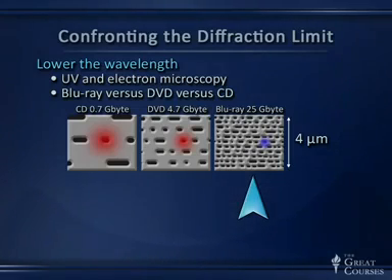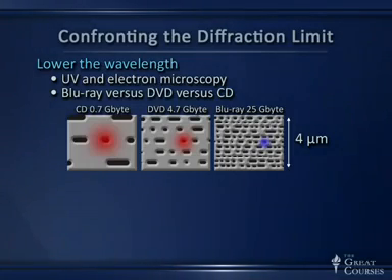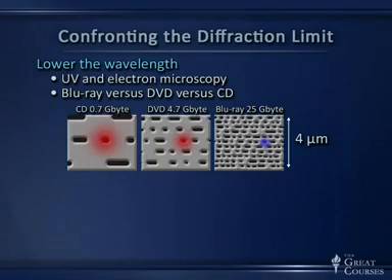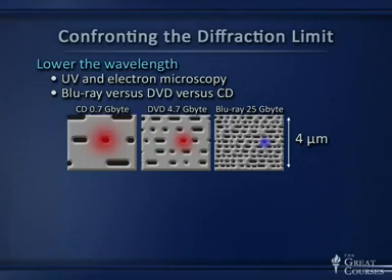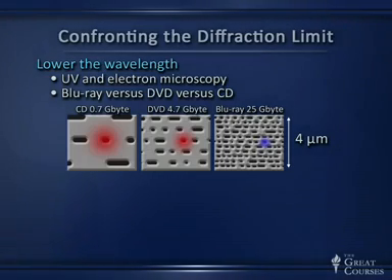Now, there are a number of technological differences, but the big difference is the color of the laser used to image the information on that disc. And in the case of Blu-ray, the laser is blue, and it has a roughly 400 nanometer wavelength. These pictures are all at the same scale. It's about 4 micrometers vertically on those pictures. And the spot, because of diffraction with the red laser, is simply bigger.